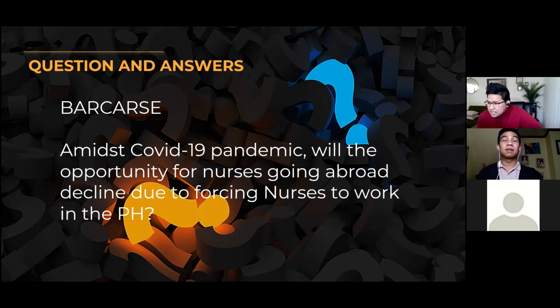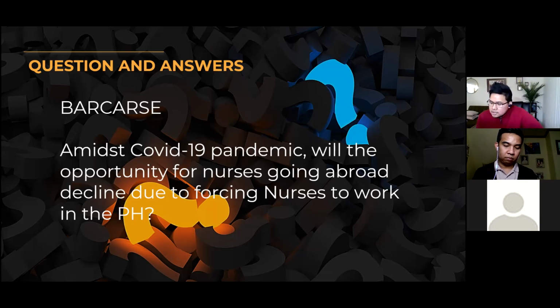For example, in Germany, I have a lot of friends who were supposed to leave for Germany last July, I think, but then they were barred by the POEA. They were not given the certificate to leave the country.